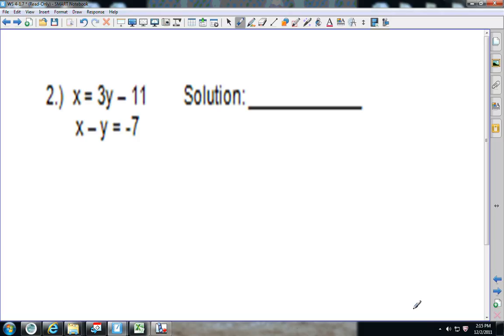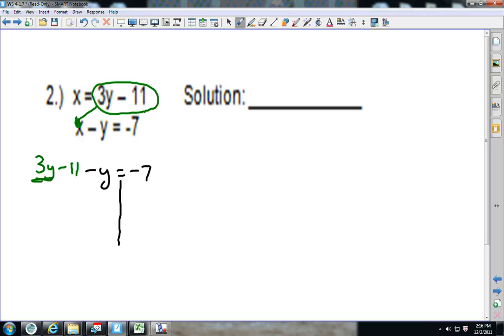Next one. Here are the equations. Are one of the equations written in x equals or y equals form? Yes, I have x equals right here. I'm going to put this in here for x. I get 3y minus 11. And then I have minus y equals negative 7. 3y minus 1y is 2y minus 11.